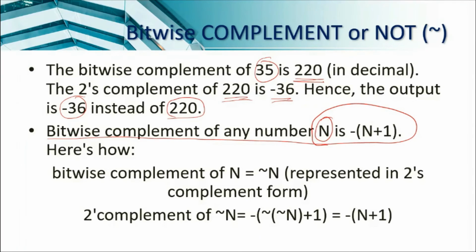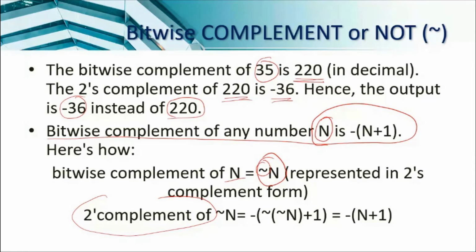So the bitwise complement of n is the complement of n, then represented in 2's complement form. So the 2's complement of the complement of n is minus of n plus 1.